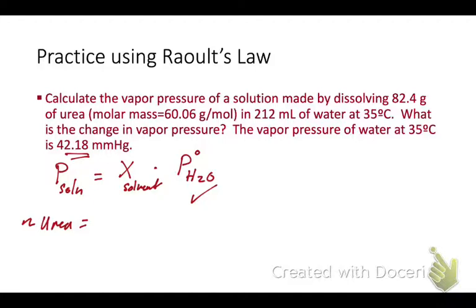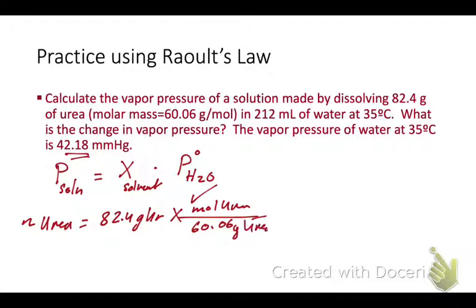I have 82.4 grams of urea, and I convert that into moles: 1 mole of urea is 60.06 grams, so 82.4 divided by 60.06 gives 1.37 moles of urea.